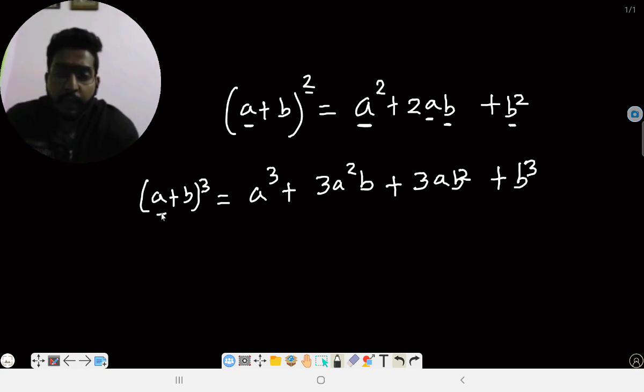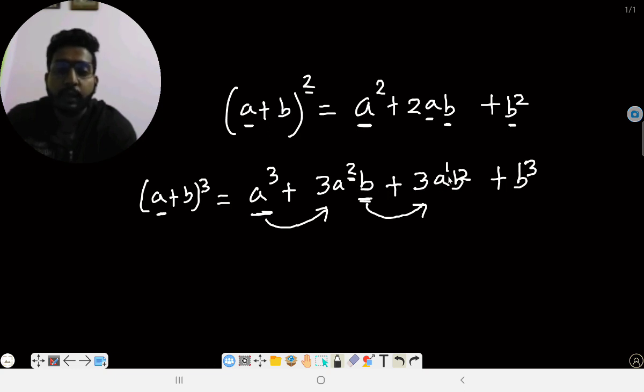Again, here the first term is a, the power is 3, so it is a cube. Now look at the next term, the power of a is decreasing, that means it becomes 2, and the power of b is increasing, so in the next term it is a square b to the power 1. Again in the next step, the power of a decreases, so the power becomes 1, because in the last step the power was 2.